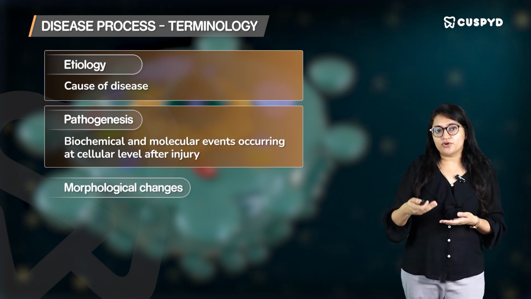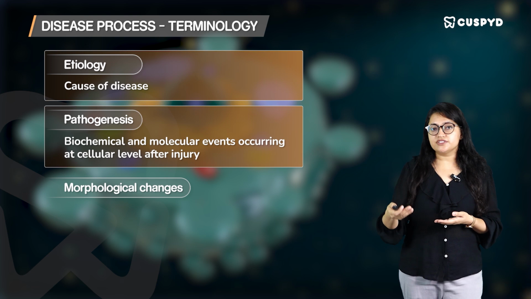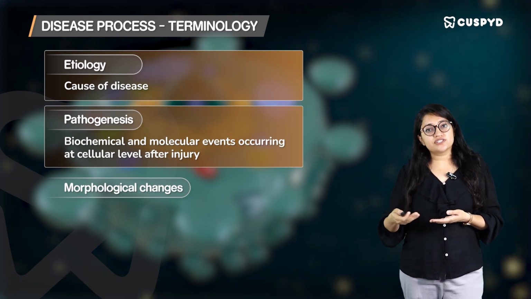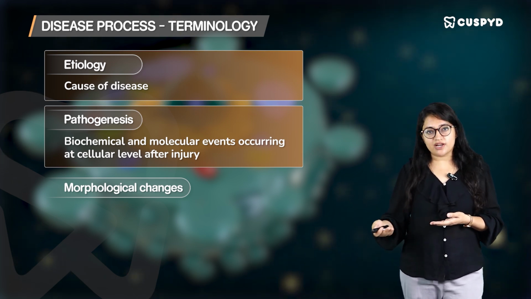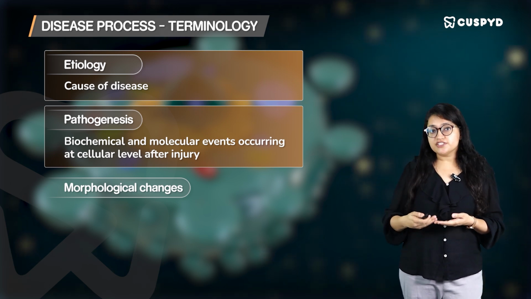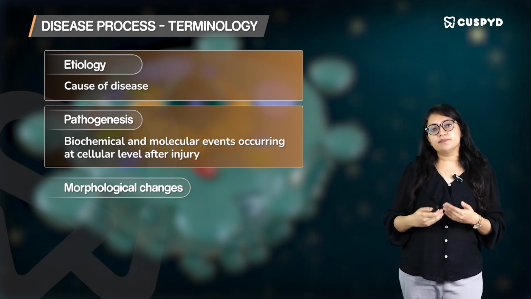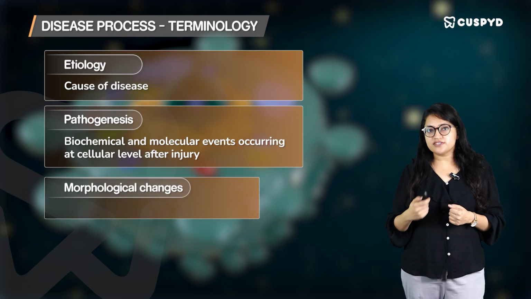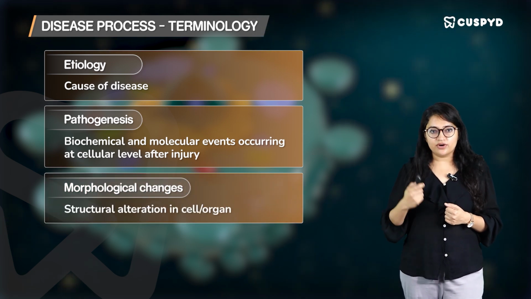So that is the third point. After etiology, the cause of the disease, you have the pathogenesis, the molecular and biochemical events happening inside your cell. They lead to morphological changes which we, the pathologists, are able to see under the microscope. These are the structural changes in any cell or any organ.